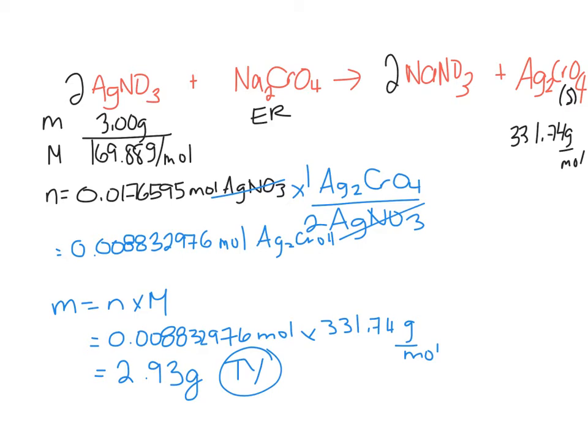Find the number of moles of silver nitrate, so your mass divided by your molar mass. Then convert that to the moles of your product using your mole ratio, what you want to what you have. That will give you moles of product. Multiply that by the molar mass of the product to figure out your yield.